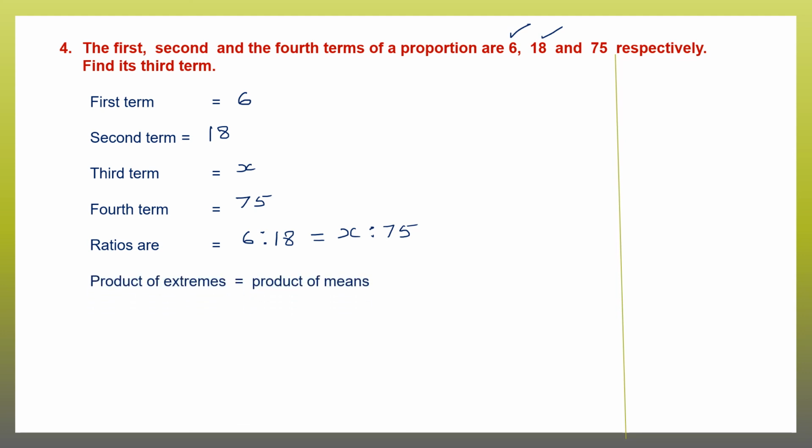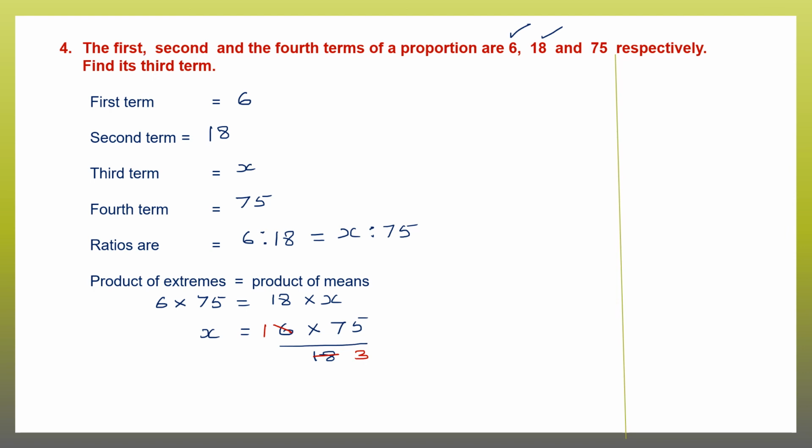Now we need to find the value of x. Product of extremes equals product of means. The extremes are 6 into 75 and the means are 18 into x. So to find x, I'll put 6 into 75 and divide this by 18. Let me cancel. I can cancel 6 and 18 by 6 itself. 6 1s are 6, 6 3s are 18.